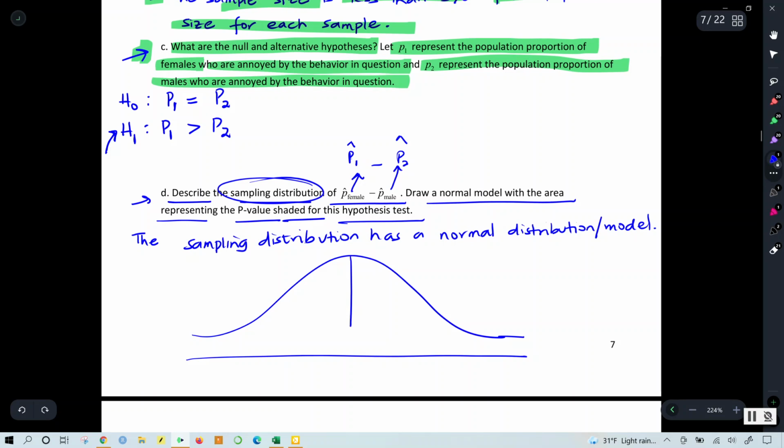The mean is definitely 0. Why is that so? That is because if you look at the alternative hypothesis, p1 equals p2, if I subtract p2 from both sides, on this side I will have p1 minus p2, which is equal to p2 minus p2.